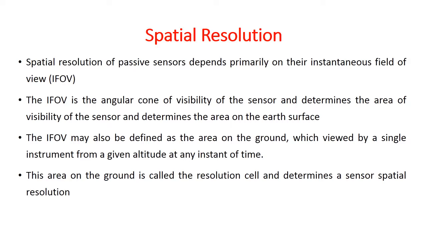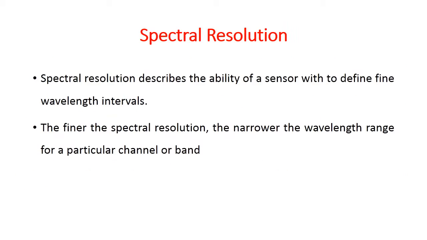The IFOV may also be defined as the area on the ground which is viewed by a single instrument from a given altitude at any instant of time. This area on the ground is called the resolution cell and determines a sensor's spatial resolution. So this was about spatial resolution.